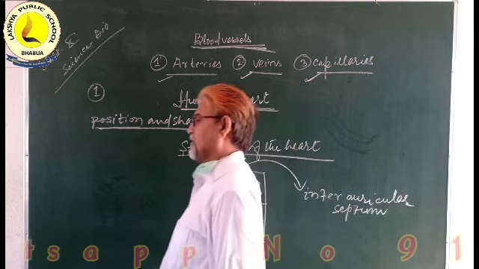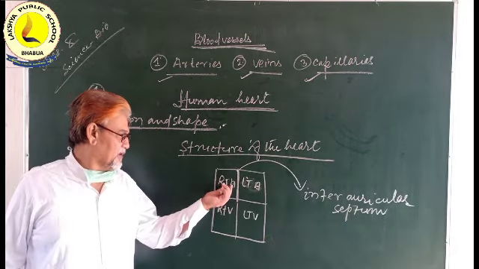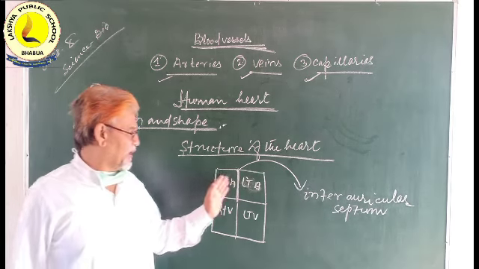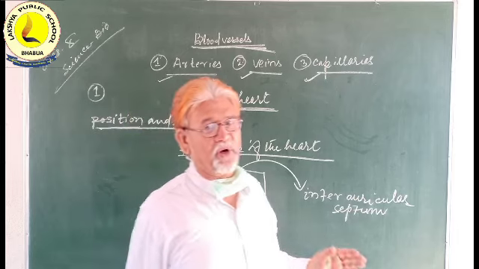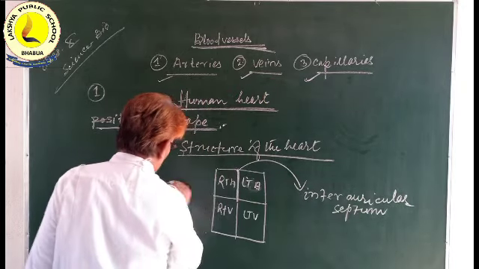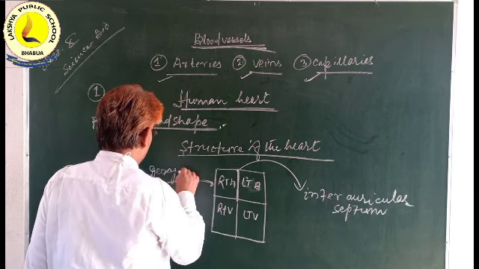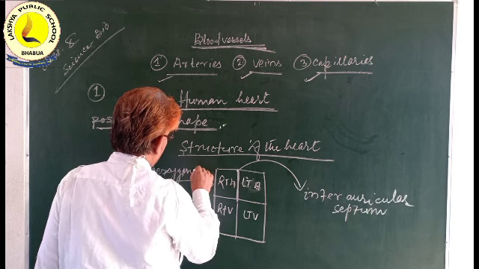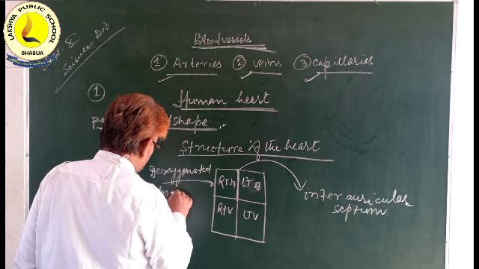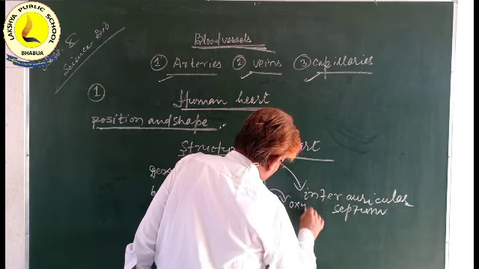By this septum, the right auricle and left auricle are completely separated from each other. This side contains the deoxygenated blood, and this side contains the oxygenated blood.